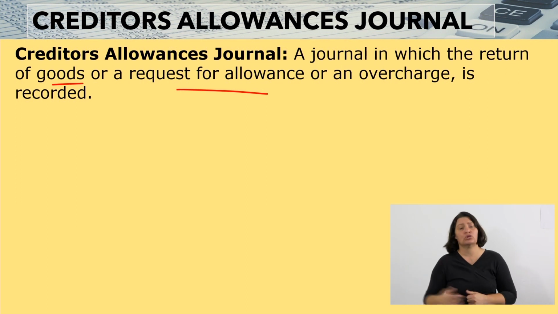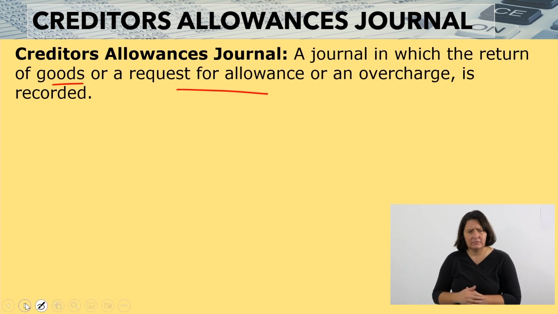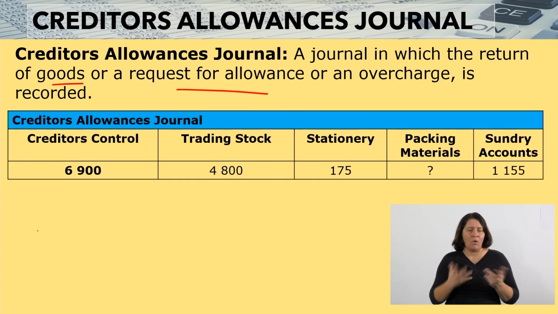We don't have to keep them. We can return them back to the supplier. In that case, we record such returns in the creditors allowances journal. Or we can request an allowance for an overcharge when they have charged us more than what they were supposed to charge us. We will now look at how this journal looks.